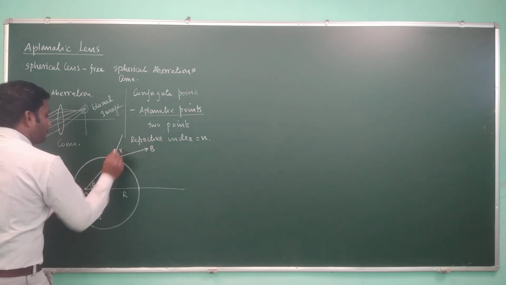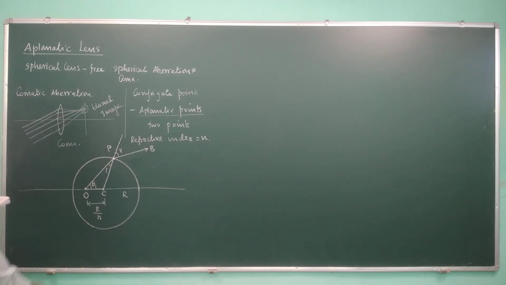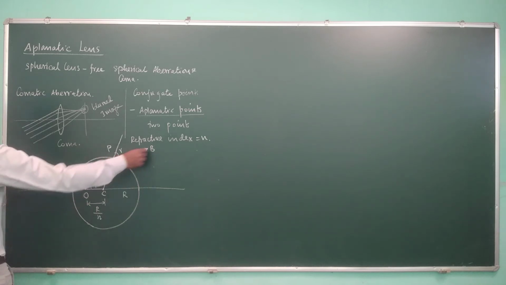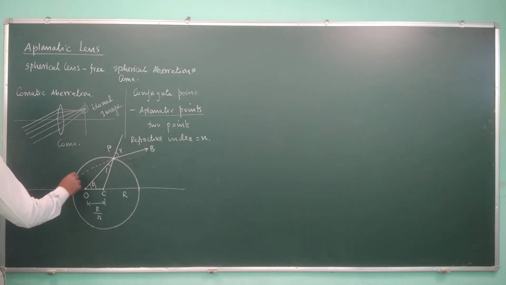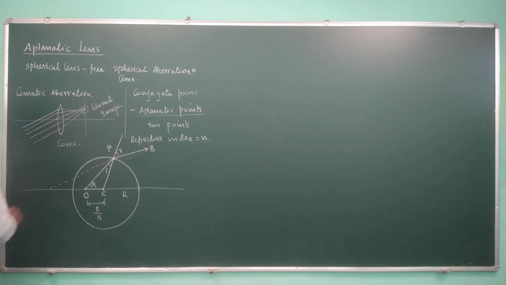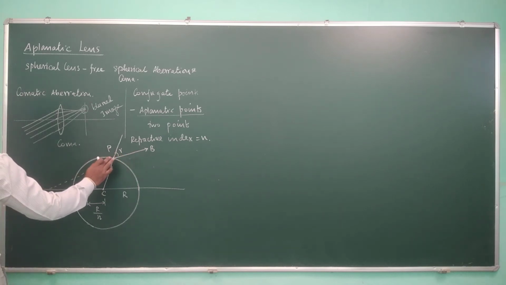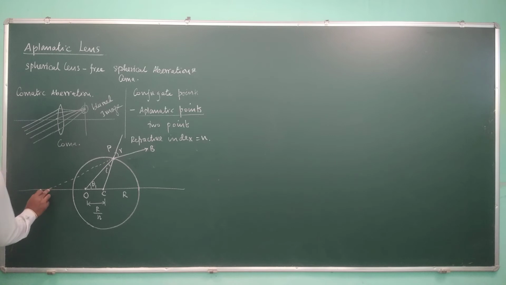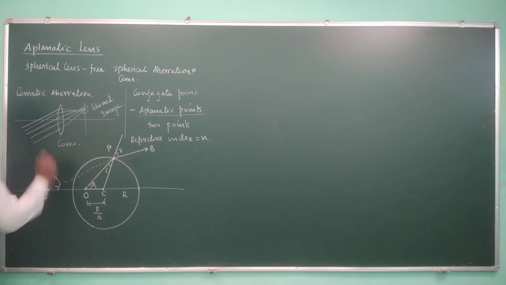Let us define this point on the spherical surface as P. Now, if we extend this refracted ray backwards, assuming it is a straight line, it touches the axis at I, and let's make this angle theta 2.